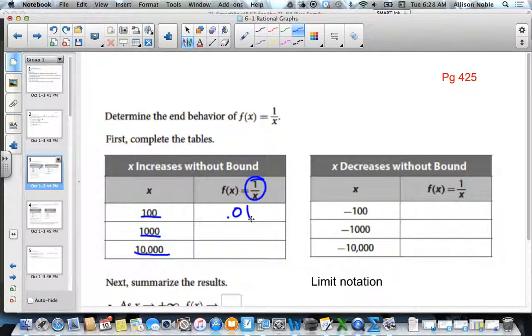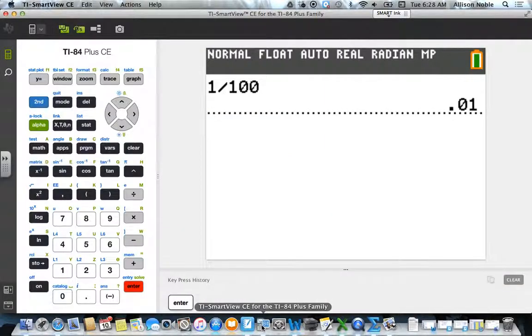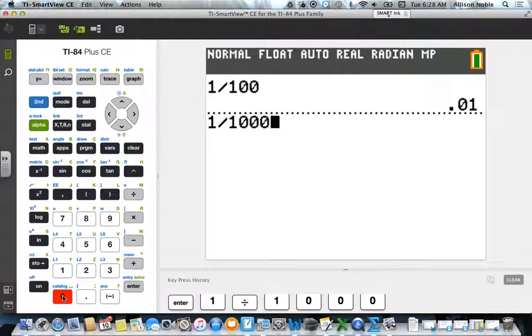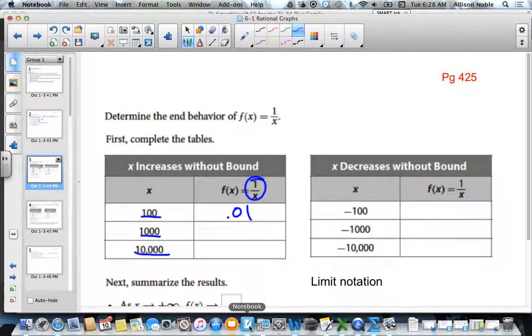And then if we divided 1 by 1,000, similarly we would get 0.001. And if you get the gist of it, you would get 0.0001 for 10,000. So as you increase your x's, like as your x's go to infinity, the function is going to 0.